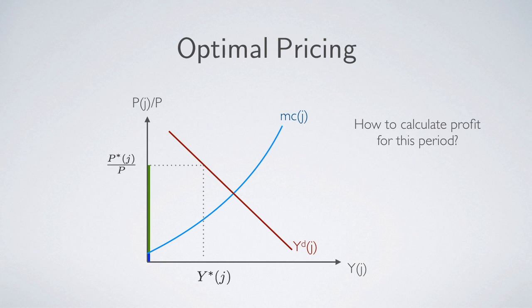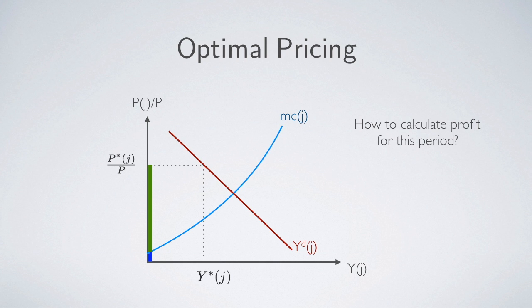How about continuing production to the second unit? For the second unit, the firm can still earn revenue as high as P star over P. However, the marginal cost of production for that unit is a little bit higher, which is this second blue bar.